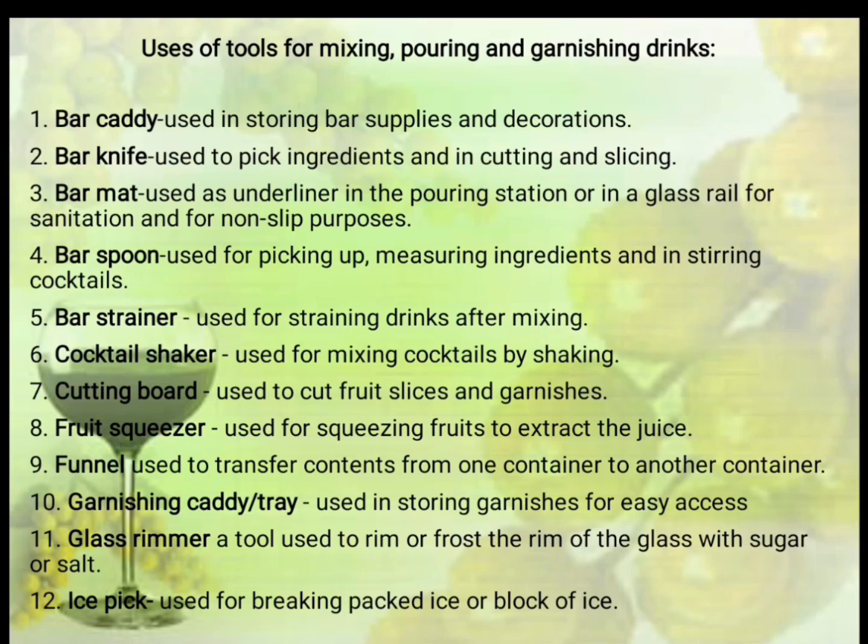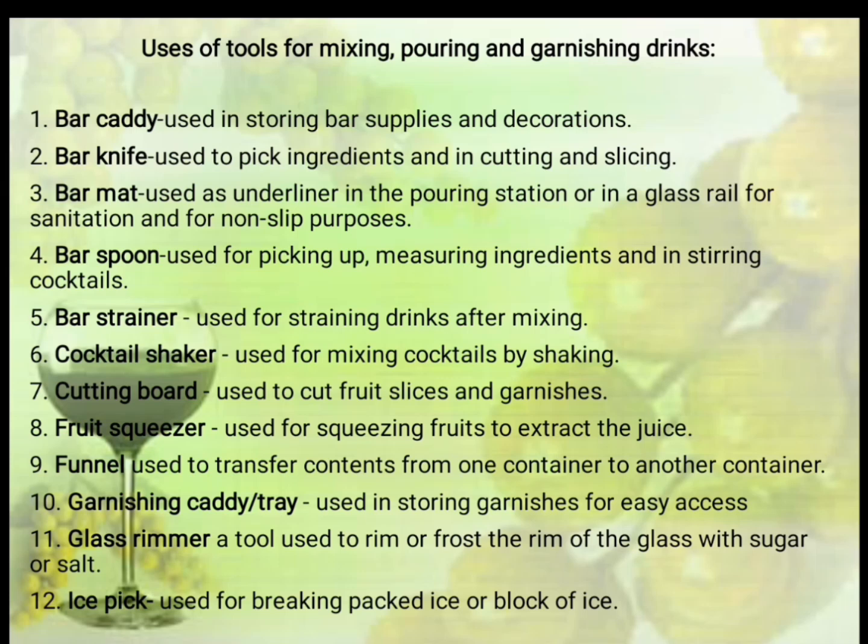So next is use of tools for mixing, pouring, and garnishing drinks. So number 1 is bar kit, used in storing bar supplies and decorations. Number 2, bar knife, used to pick ingredients and for cutting and slicing. Number 3, bar mat, used as underliner in the pouring station or glass rail for sanitation and for non-slip purposes.